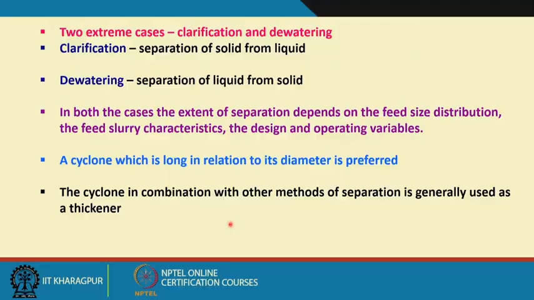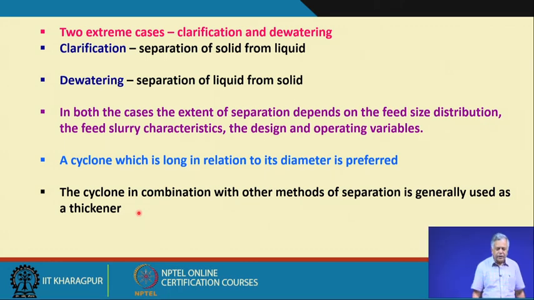The cyclone in combination with other methods of separation is generally used as a thickener. When we use it for solid liquid separation, whether clarification or dewatering, we try to separate most of the solids or the majority of the water, but as I said, cyclone separation is never perfect, it is far from perfect.